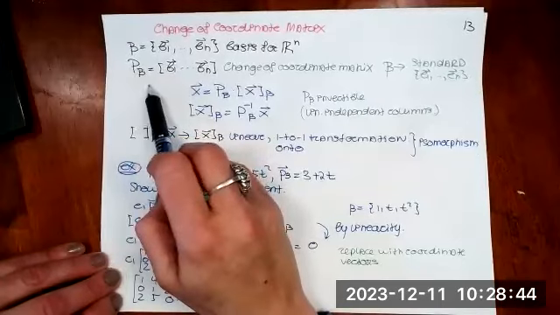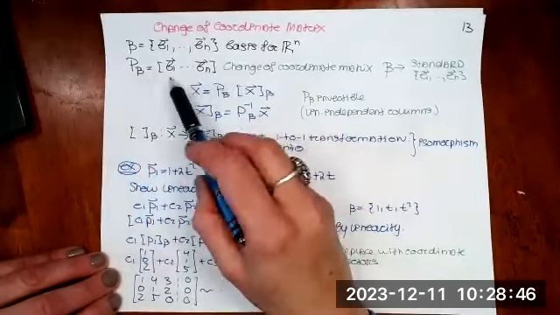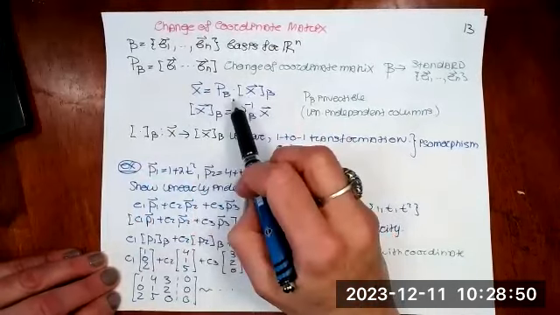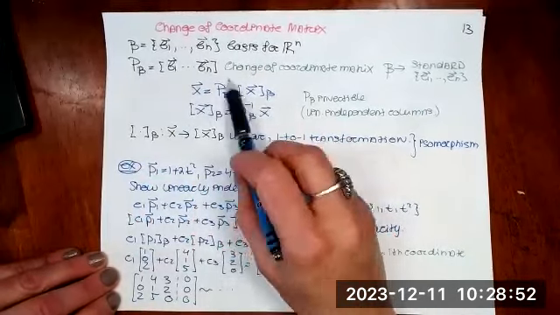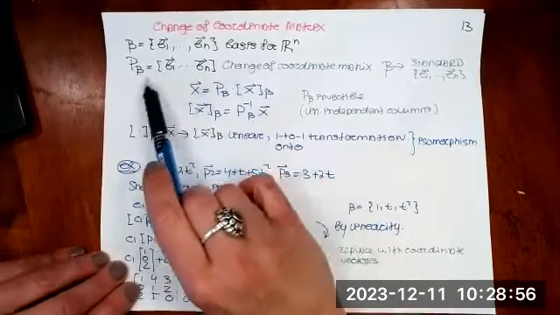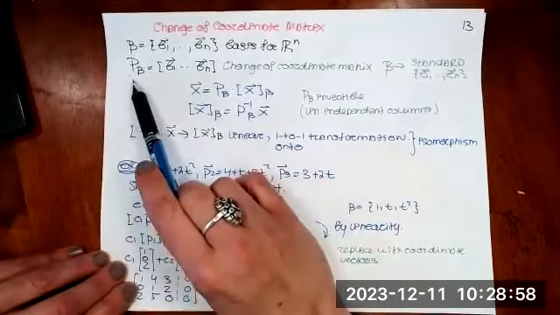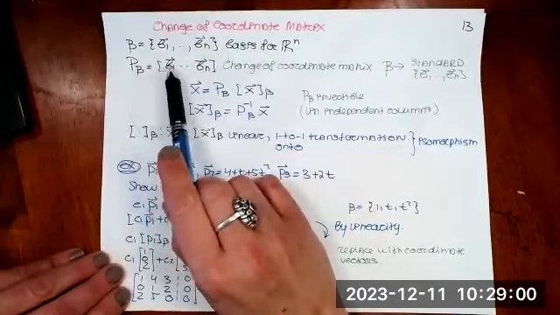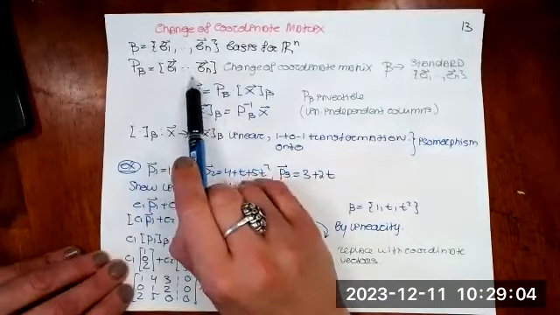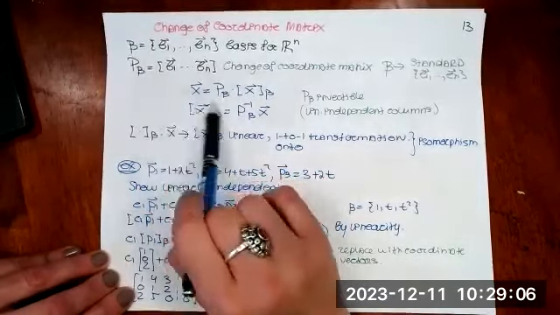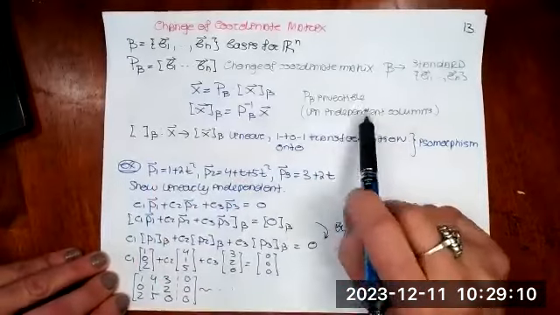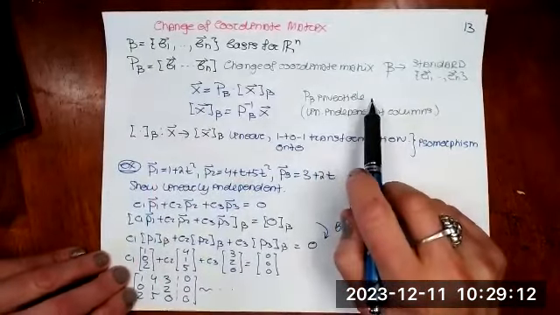Our change of coordinate matrix has columns that are just my basis vectors in Rn. I know that PB, my change of coordinate matrix, is invertible because those are my basis vectors, so the columns are linearly independent, so this matrix is invertible by the invertible matrix theorem.